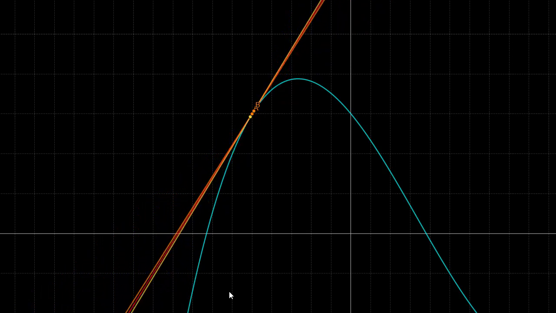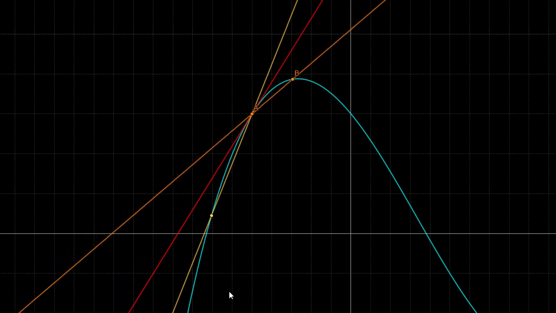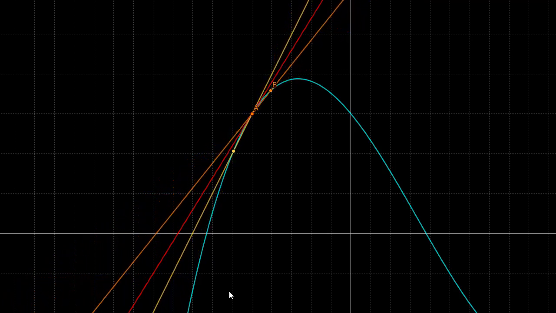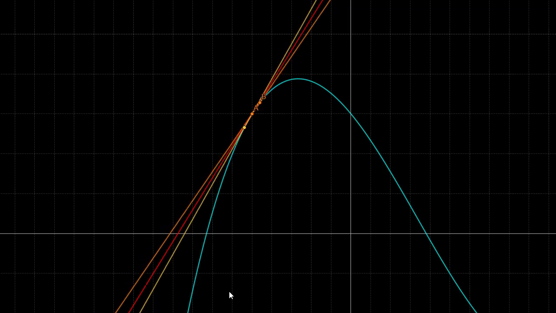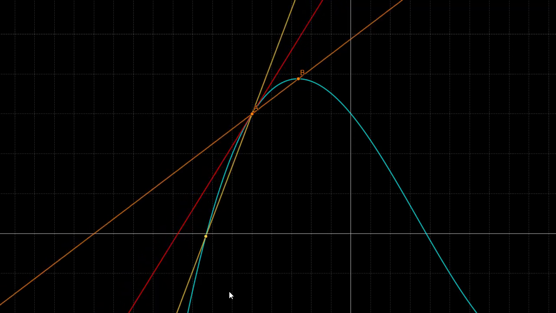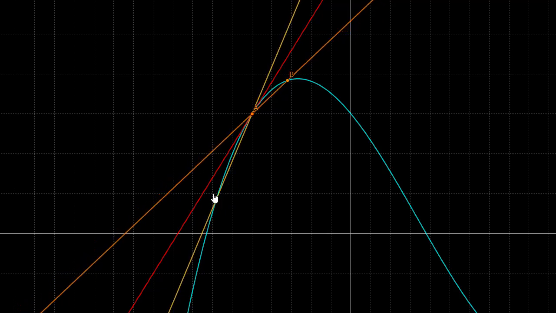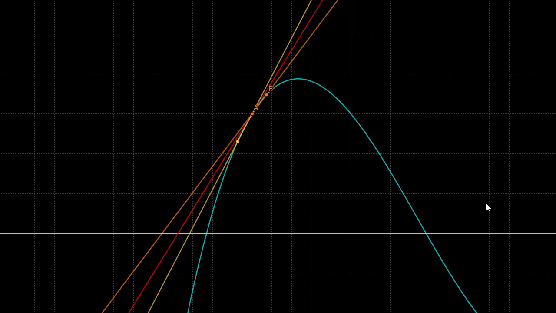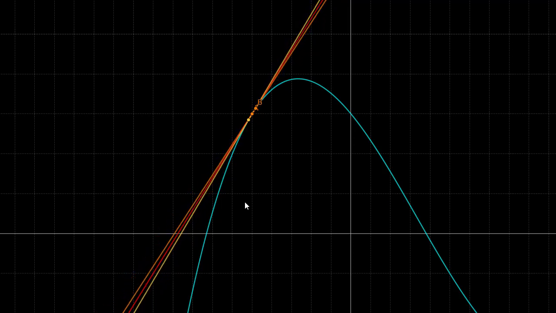So the tangent line, a lot of people will define it as a line that only touches the graph once. That's true, but I like to think of it as it just barely kisses the graph. It basically lines up with the graph itself.